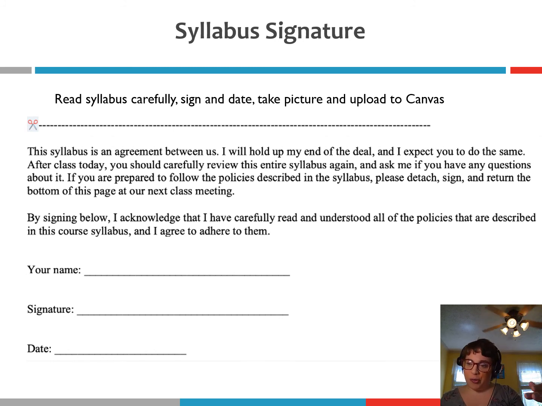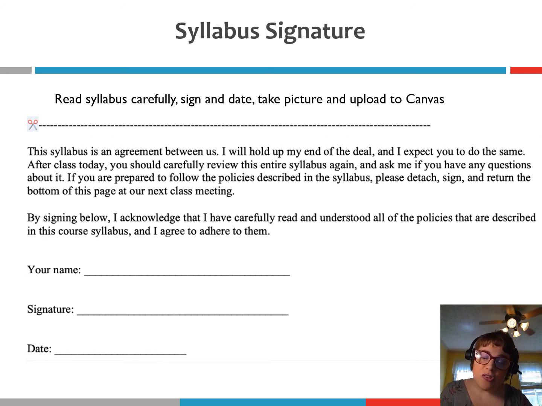So everything I've told you in the syllabus will remain, right? That's my obligation or promise to you. And in turn, I want confirmation that you have read the syllabus, that you understand the syllabus, and you will abide by what is mandated in the syllabus, right? Just so we're all on the same page.